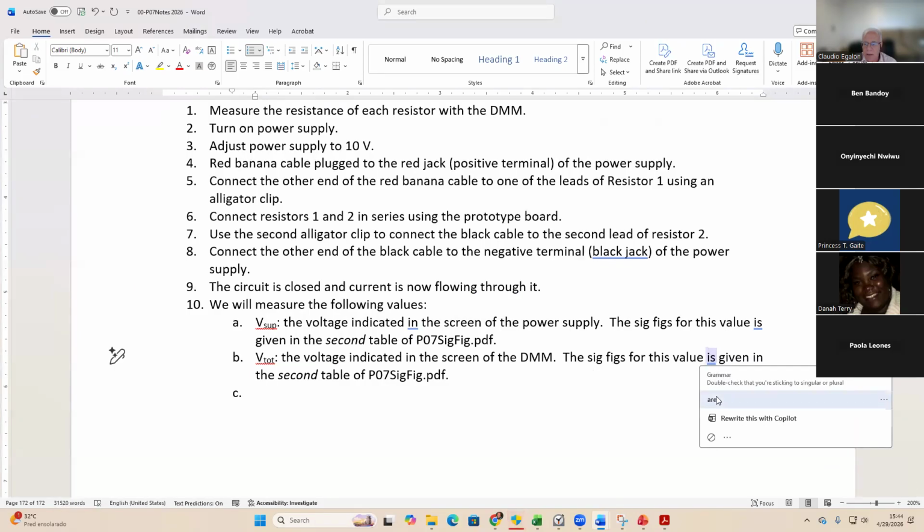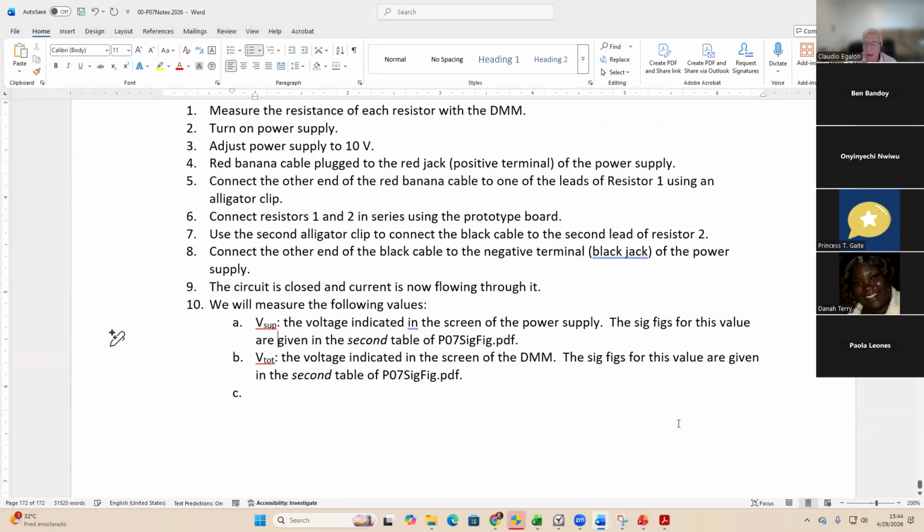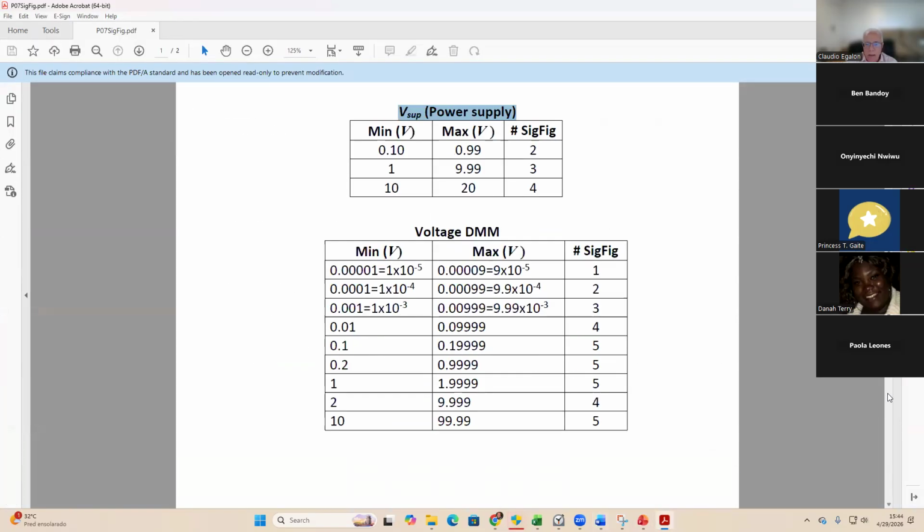R given by, now this one is the third table.